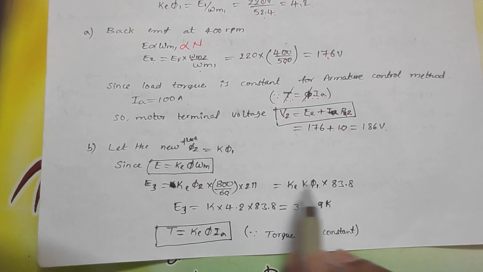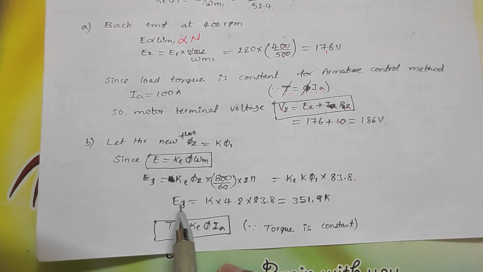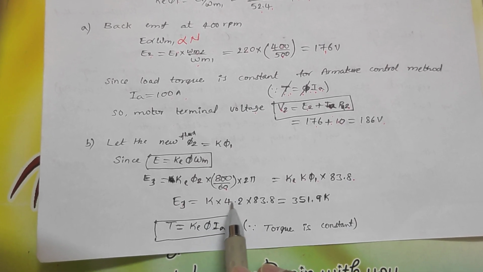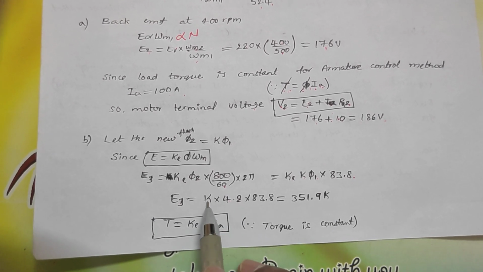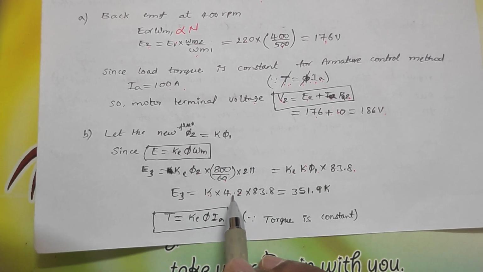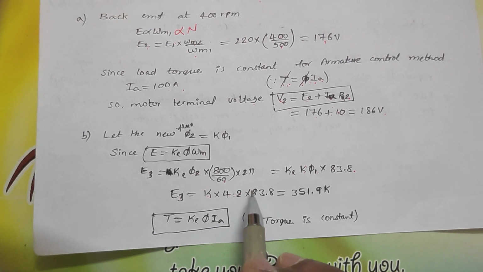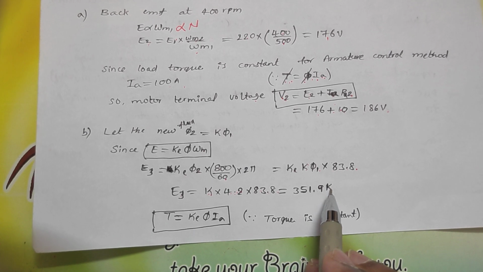By calculating this, you will get 83.8. From here you will get E3 equal to K times 4.2. Earlier rated motor constant is 4.2, right? So K times the rated motor constant, 4.2, into 83.8, you will get 351.9 K.